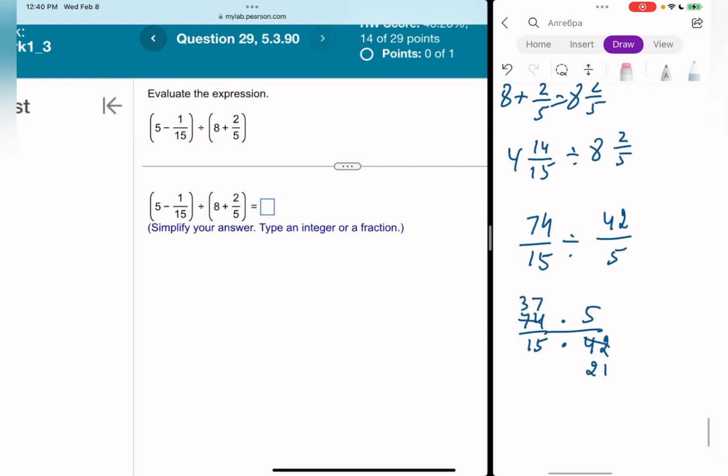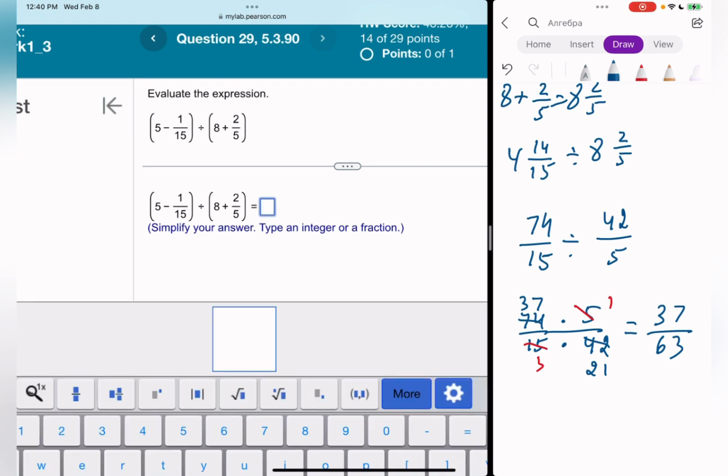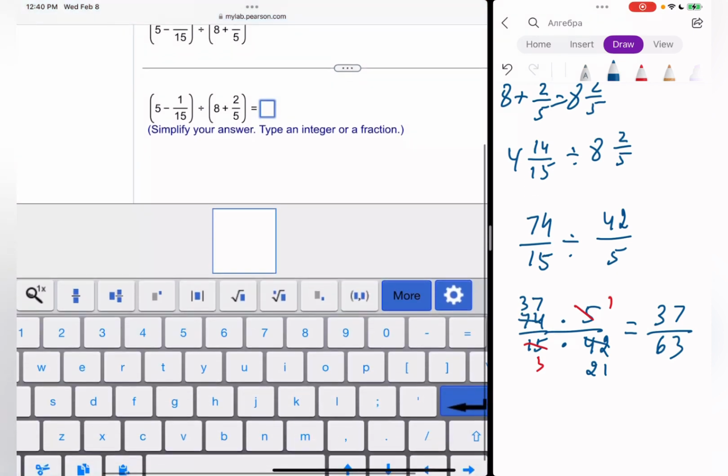Okay. Now 15 and 21 and 5. I can divide by 5, right? This is 1, this is 3. And my answer is going to be 37 over 63. 37 over 63.